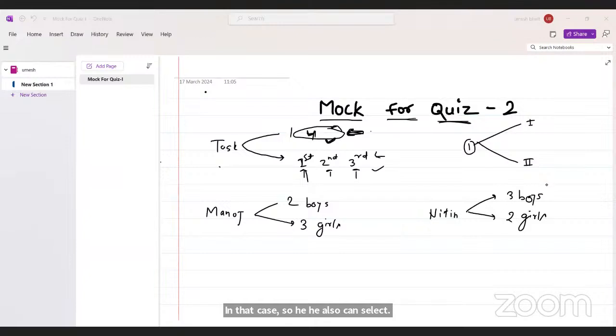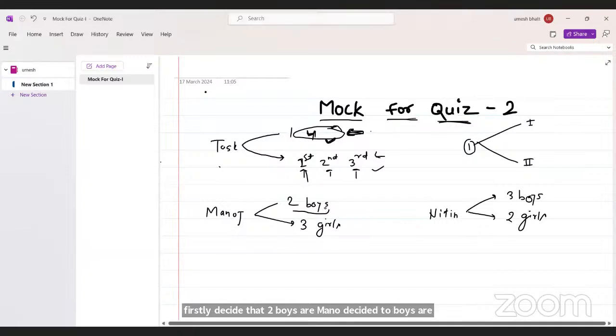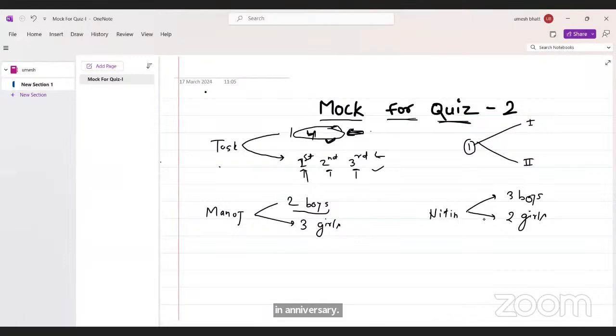Assume Manoj decides that two boys are invited to the anniversary, but Nitin doesn't know, so Nitin can also select two boys, but the question's condition is that there must be two boys and two girls.